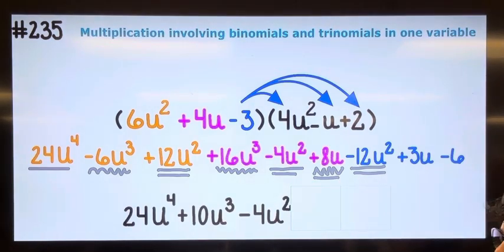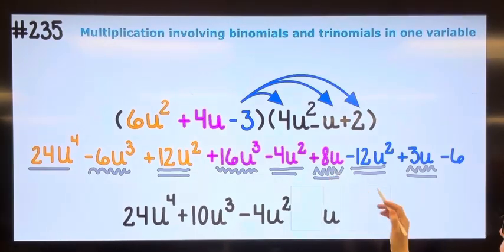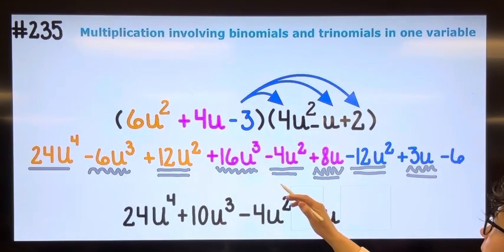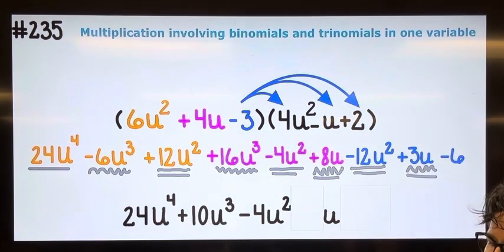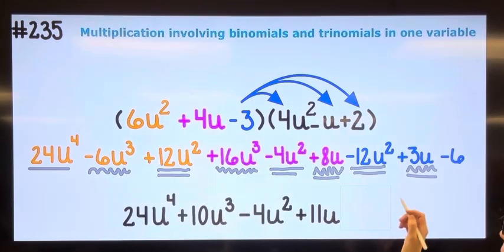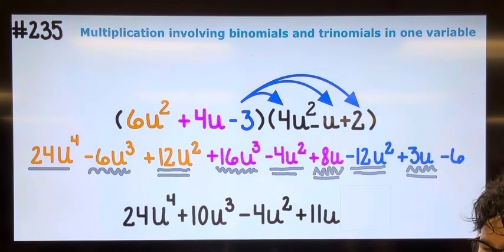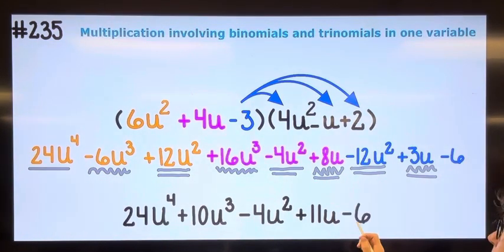Sorry, I lost my place here. I have 8 of these plus 3 more of those, so that makes 11. And then lastly, negative 6 by itself, nothing pairs with that, so minus 6. And that's our final answer.